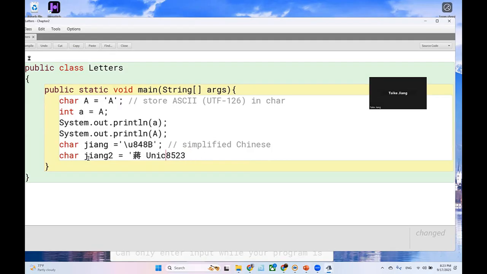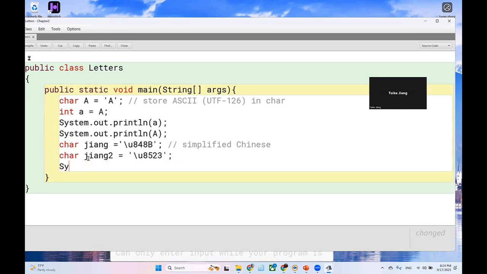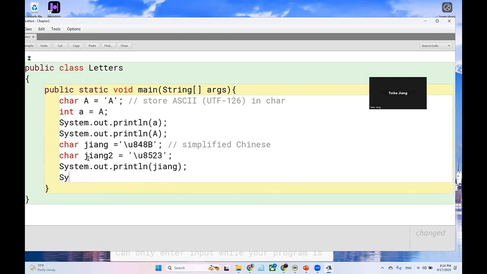So these two letters are treated as different letters. They are written in different ways, so actually they are treated as two separate letters in Unicode. Is that okay?